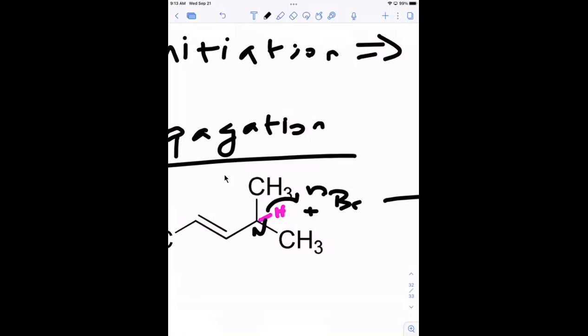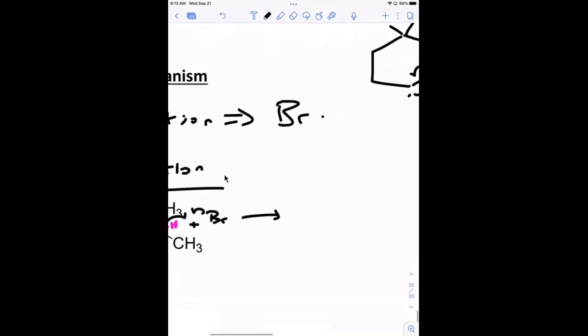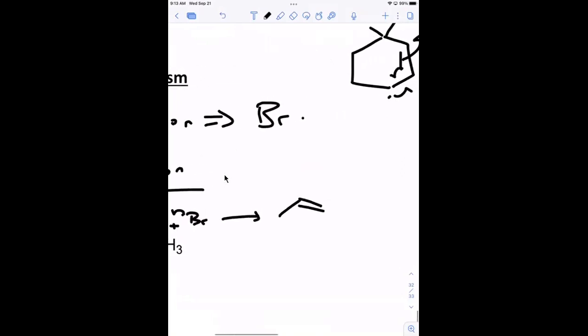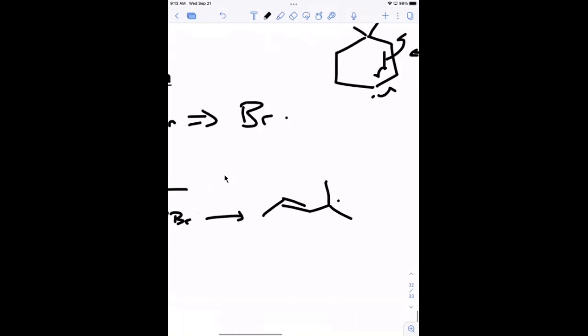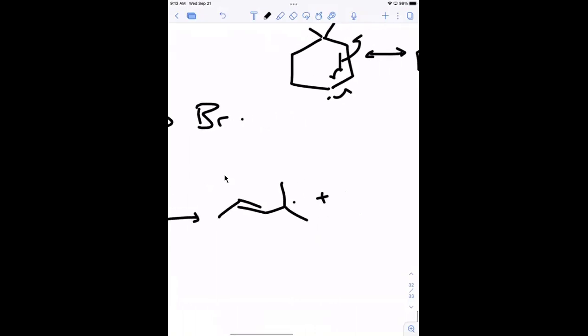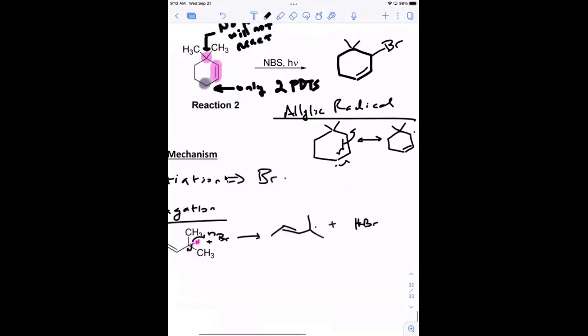And it happens, I can't stress this enough, the same way. You break the CH bond homolytically, you leave an electron on carbon, one leaves with hydrogen, and that hydrogen uses that electron to make a bond with bromine. So you get this radical here plus HBr.